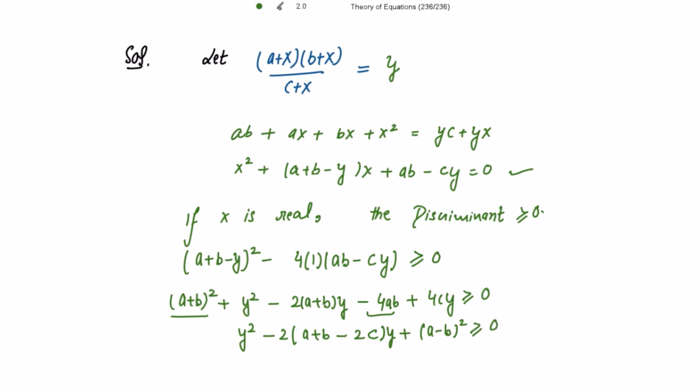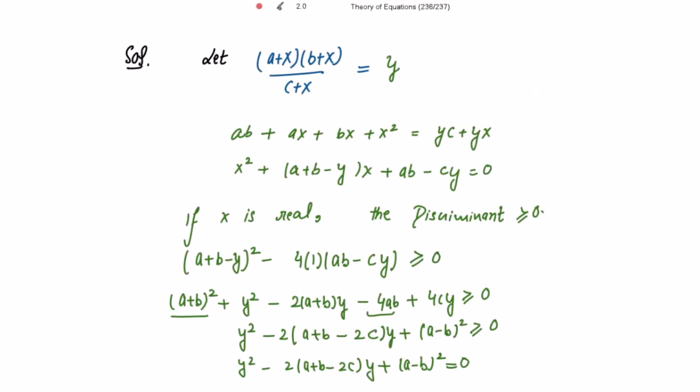So we are getting the quadratic inequality in y, right? Now this is possible if y does not lie between the roots of the equation y square minus twice of (a plus b minus 2c) into y plus (a minus b) whole square equal to 0.